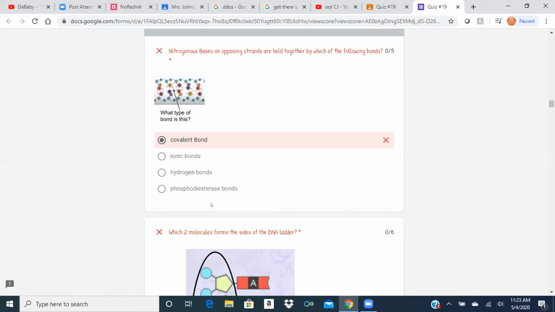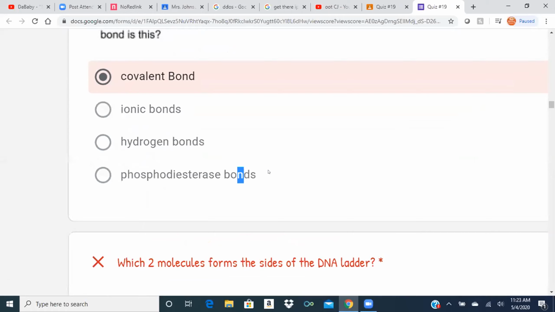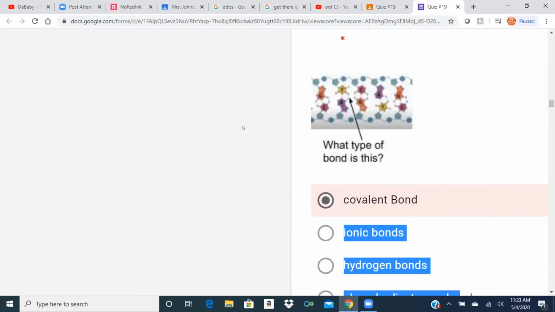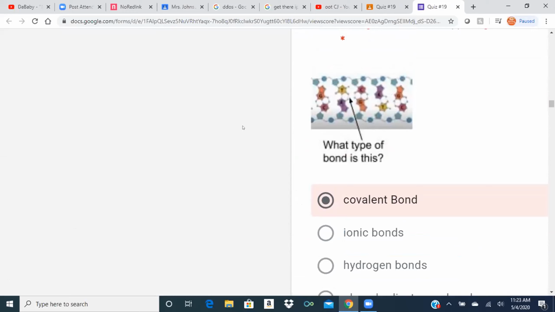Those are the same ones. Jordan, can you zoom in on that picture? Go up a little bit more. Good, see? We're talking about those middle bonds in between the nitrogenous bases. So yes, they're hydrogen bonds.